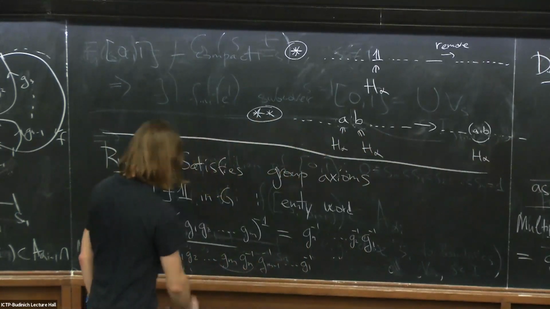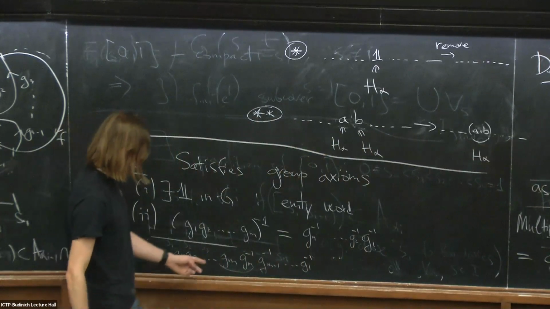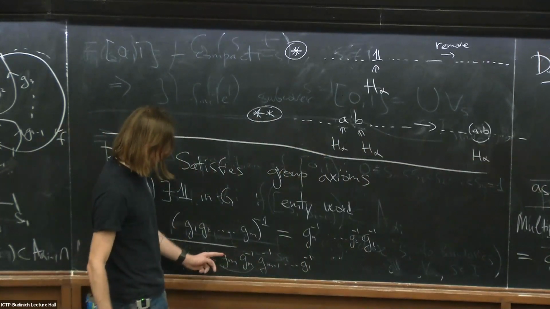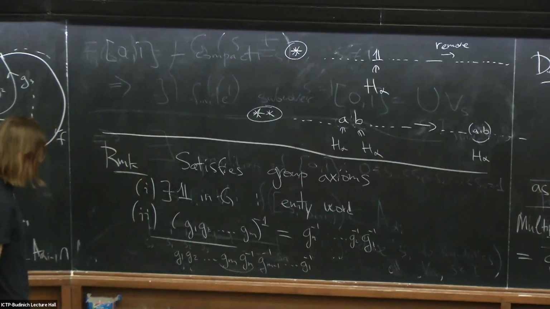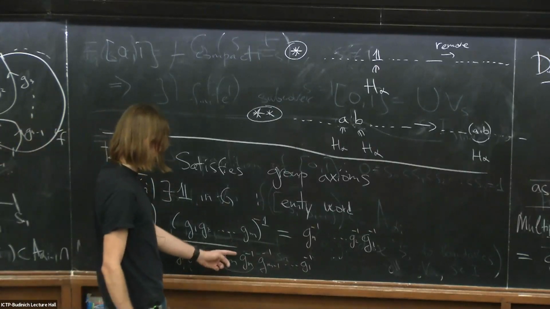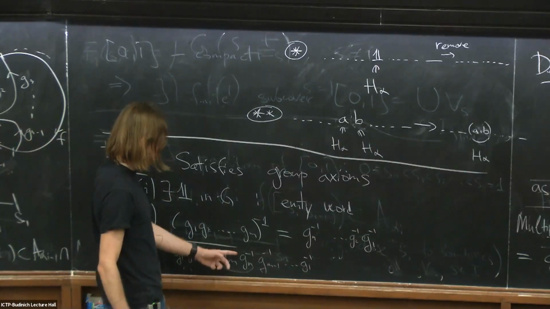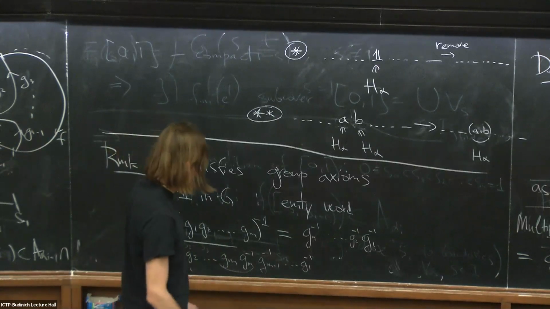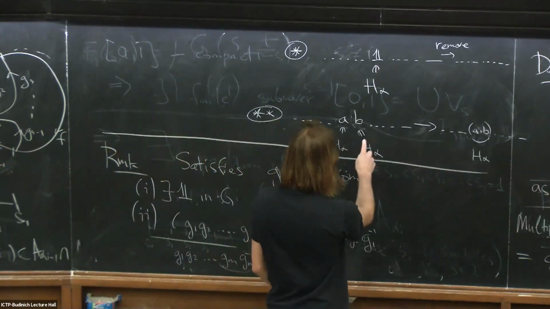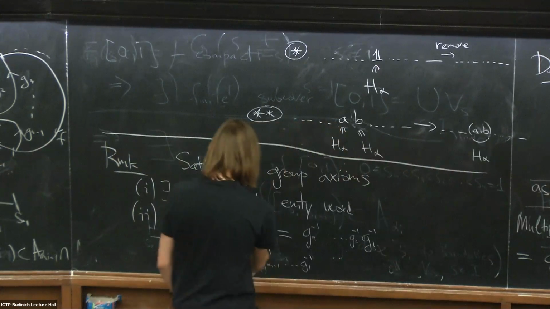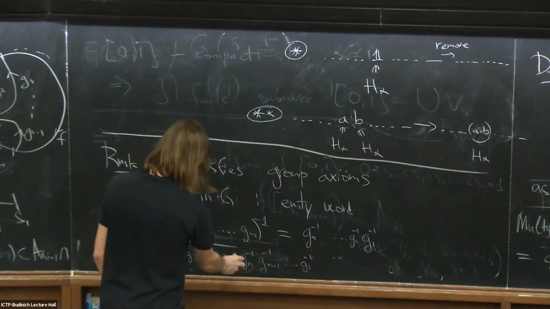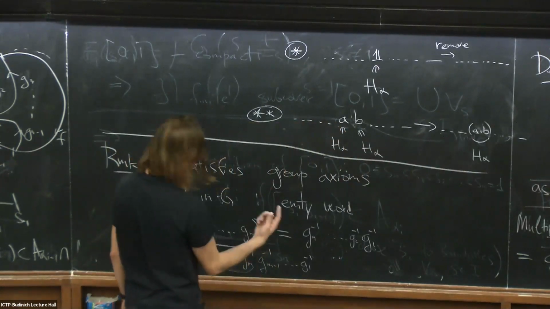Here we see both elements belong, necessarily, to the same H alpha for some alpha. So we can apply the rule double star to do this multiplication, and the result will be the identity in H alpha.